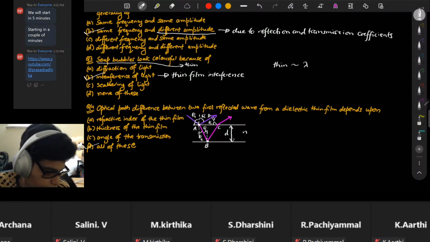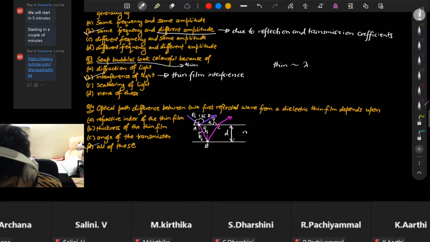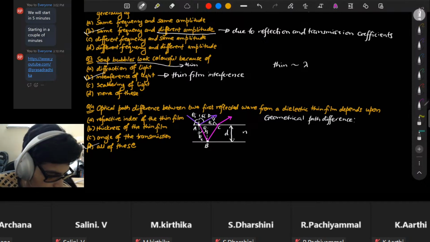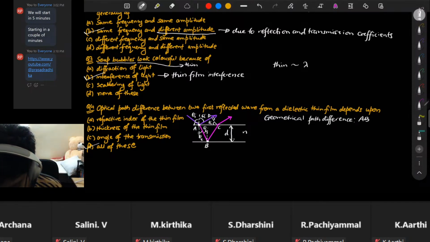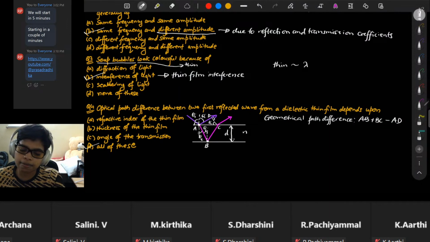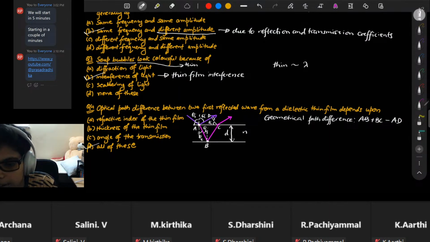So now my geometrical path difference between the two rays, meaning the purple ray and the pink ray, is AB plus BC minus AD, because beyond the points C and D, the waves are parallel and they are in phase.